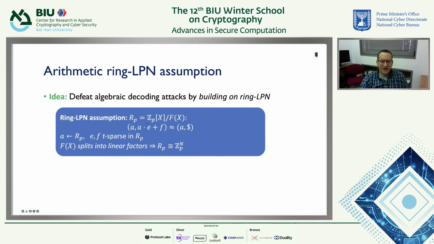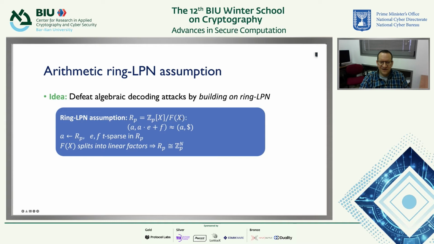Thinking of it algebraically, we consider the ring of polynomials of a big degree n. Think of n as the length, the number of instances of OLE or triples that we want to generate, modulo some other degree n polynomial f.